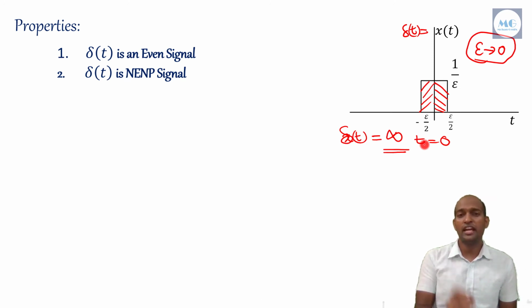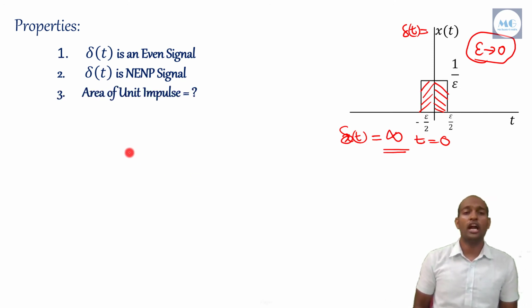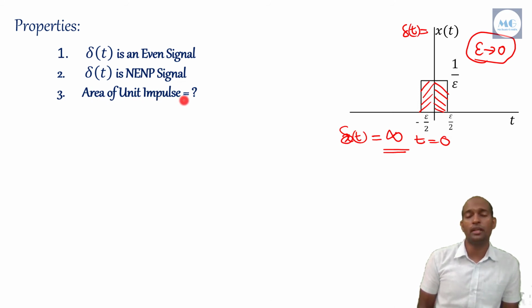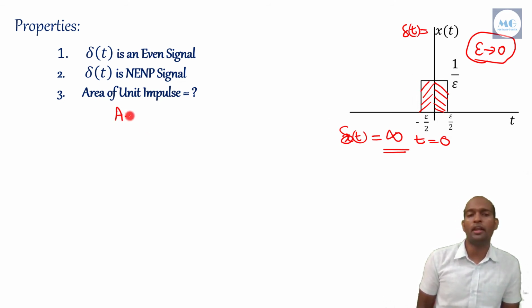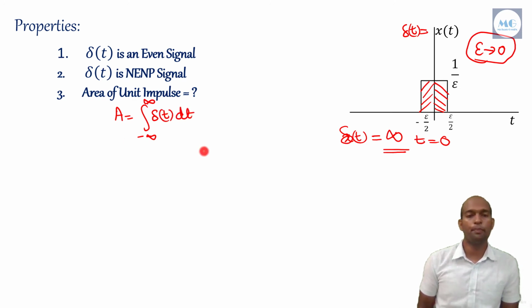Okay, then let's move to the third property. The third property is the area of the unit impulse signal. What will be the area of this unit impulse signal? Let's calculate it. As we know, the formula for area of any signal is the integral from minus infinity to plus infinity of delta t dt. Then how can we get it?